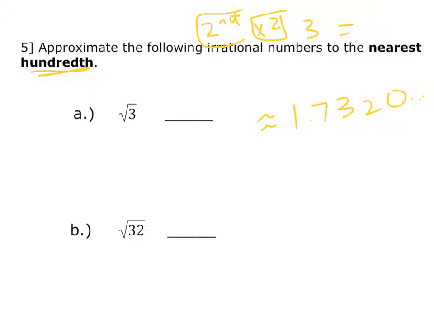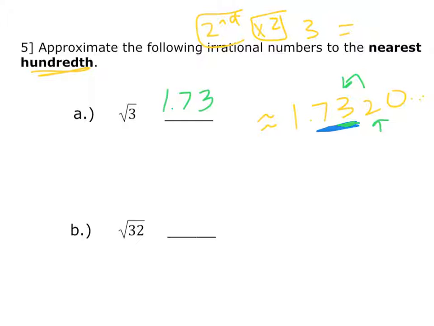Now to go to the hundredths place, that's 2 positions past the decimal. Now we have to decide, do we round it? Does this stay a 3, or does the 2 make it increase? This number has to be 5 or up to round up. So this one will stay 1.73 for the hundredths place.